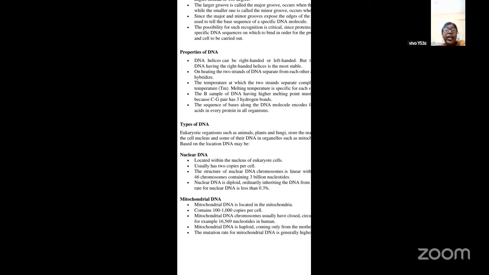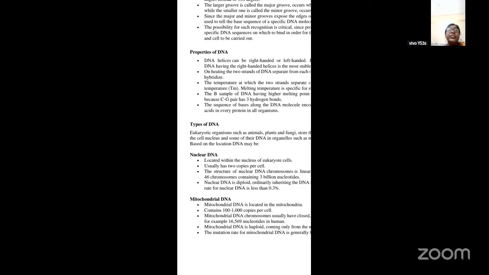Nuclear DNA is diploid, whereas mitochondrial DNA is haploid. It is located in mitochondria, containing 100 to 1,000 copies per cell, and it usually has a closed circular structure rather than a linear structure. So this is about the types we have seen.